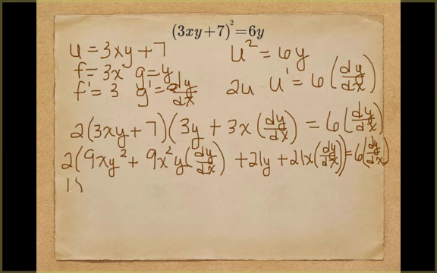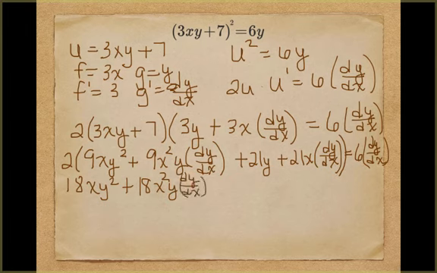So I have 18xy squared plus 18x squared y dy/dx plus 21y plus 21x dy/dx.